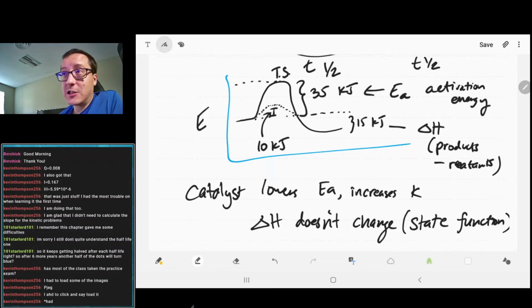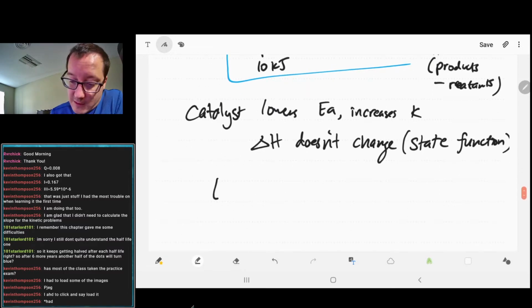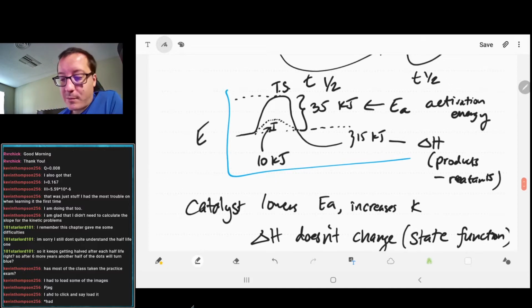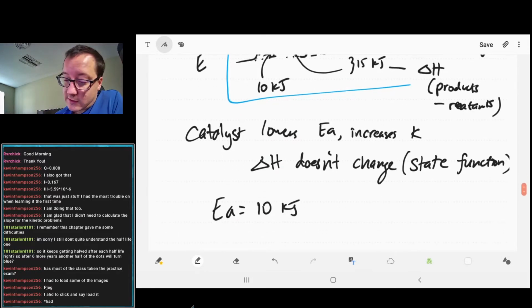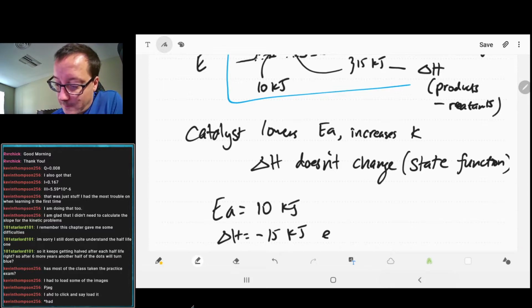So our activation energy is going to be 10 kilojoules, right? That's the difference between the top of your hump and your starting energy, which is given to us with that little section there. Delta H is the same as it was before, which is negative 15 kilojoules, because it's exothermic.